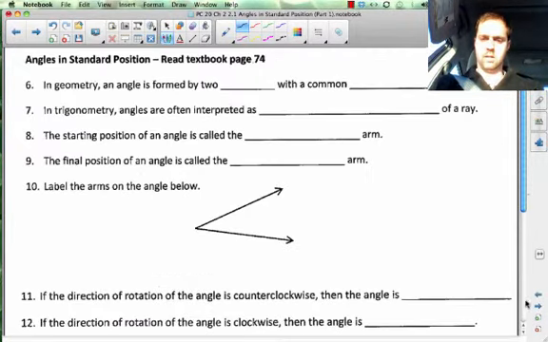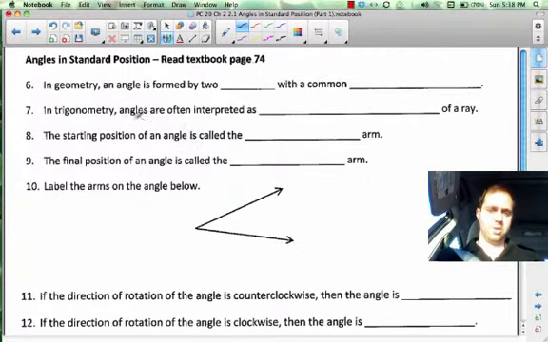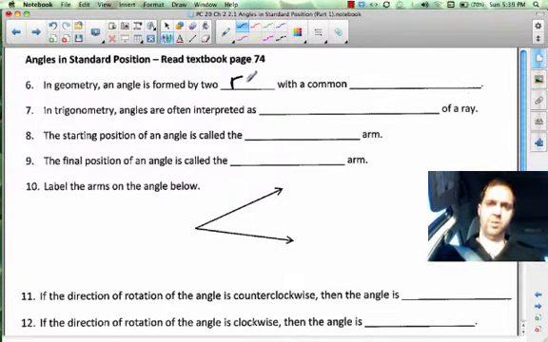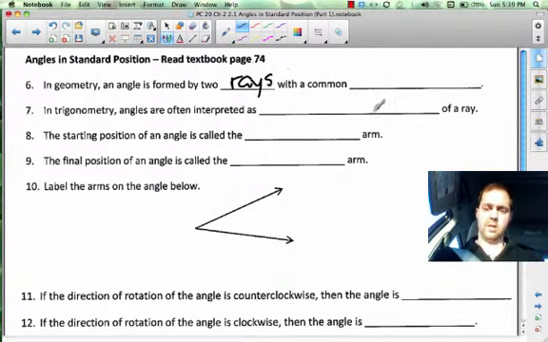All right. So let's get on to describing these things formally. In geometry, an angle is formed by two rays, as you saw on the last page, with a common vertex. They must come from the same place.